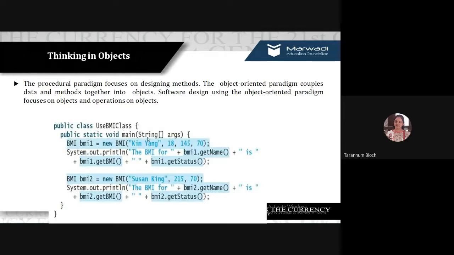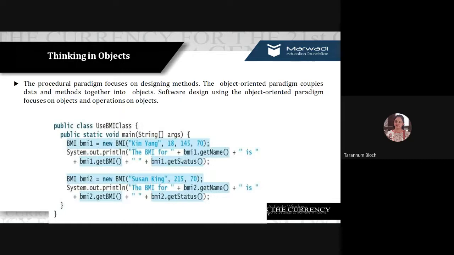And with the main method, the user is just giving the input. We are taking the name, age, height, and weight. With the help of the BMI1 object, we are calling the methods and printing with System.out.println.